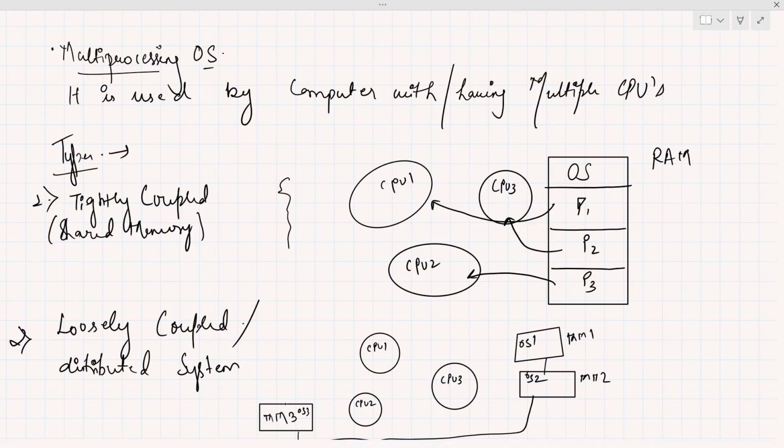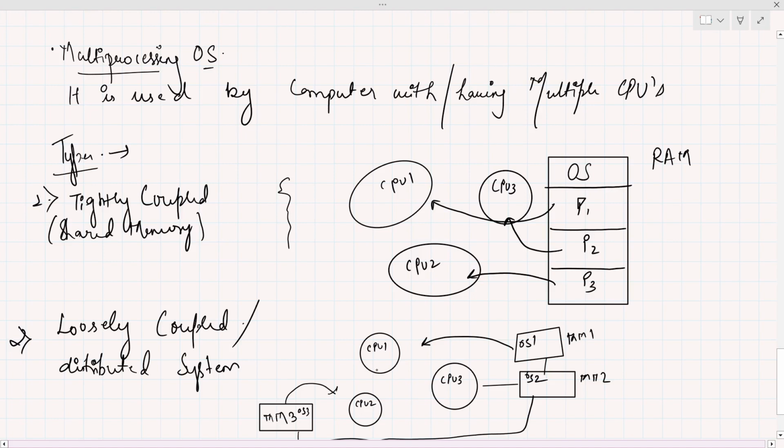Let's say P3 is done by CPU 2, another by CPU 3, and the programs in main memory 1 are done by CPU 1. So with many memories and many operating systems, many processes can easily execute. This is loosely coupled, or a distributed system. I hope it is understood what the multi-processing operating system is and its types.